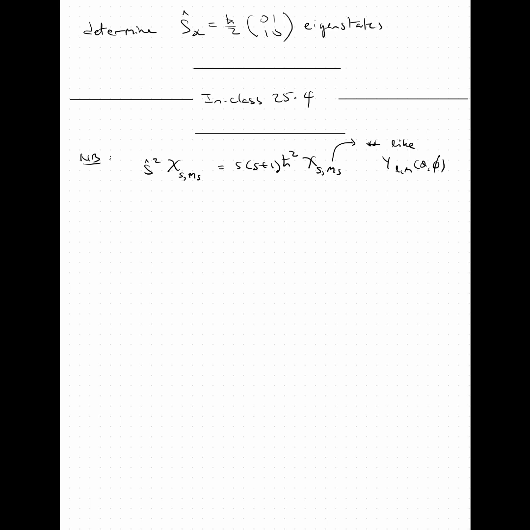And Sz acting on chi s, m sub s gives you the eigenvalues m sub s h bar, so on the right hand side, m sub s h bar times chi s, m sub s.